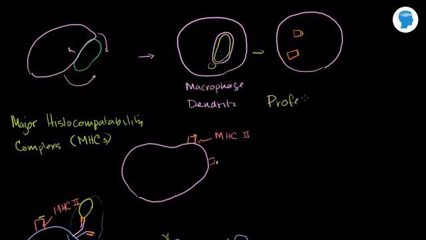Professional. This is what they do for a living. Although they do other things, as we've seen. The phagocytes eat things. The B cells generate antibodies or memories so that they can later be activated to generate antibodies. But these are called professional antigen presenting cells.